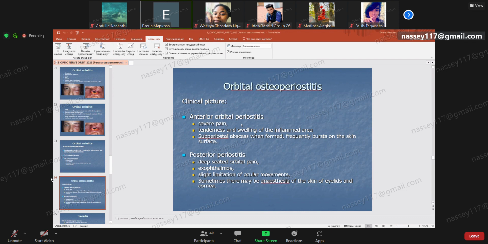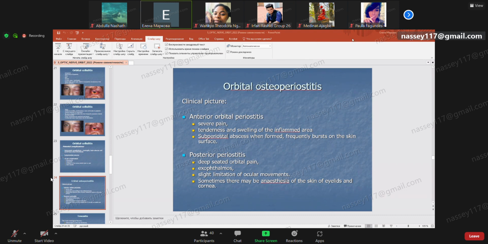The clinical picture may be in two forms: anterior orbital periostitis and posterior orbital periostitis. Anterior orbital periostitis involves the orbital margin and is characterized by severe pain, tenderness, and swelling of the inflamed area. A subperiosteal abscess, when formed, frequently bursts on the skin surface.